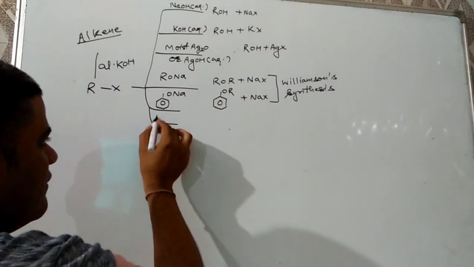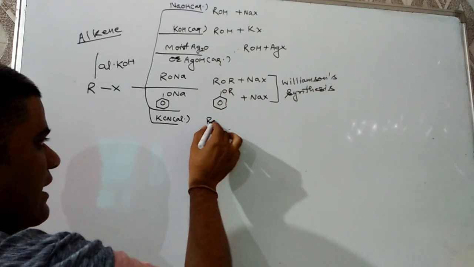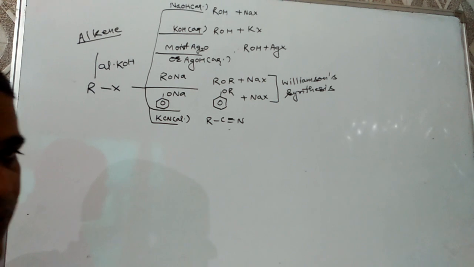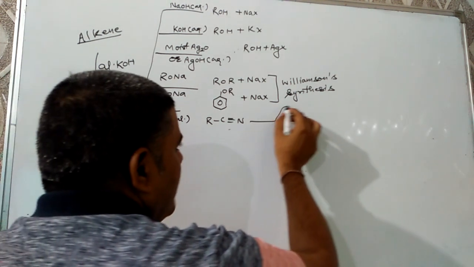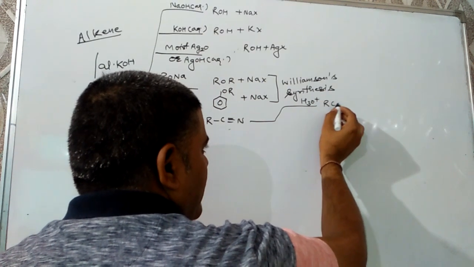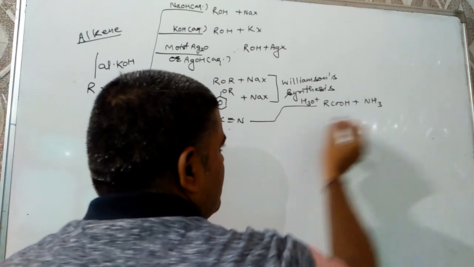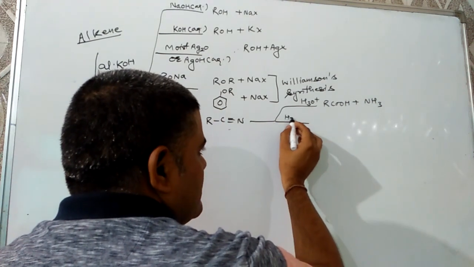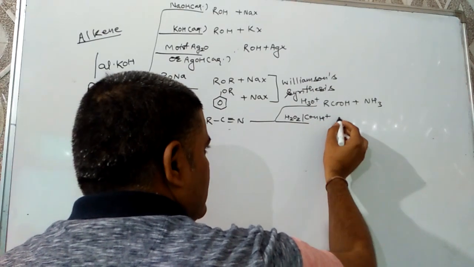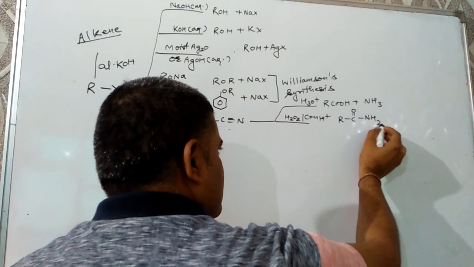Next, if KCN is added to it, we will get alkane nitrile as a product, which is a very important reagent for conversions. If complete hydrolysis of it is done, then the product formed will be a carboxylic acid plus ammonia. If partial hydrolysis is done with concentrated acid and H2O2, then we will get acid amide as a product.